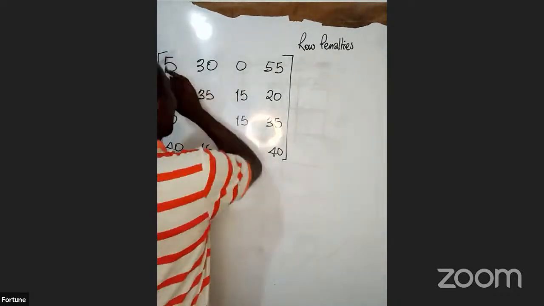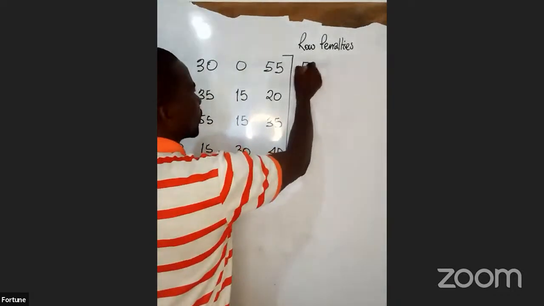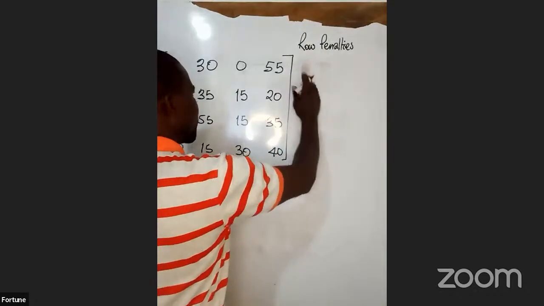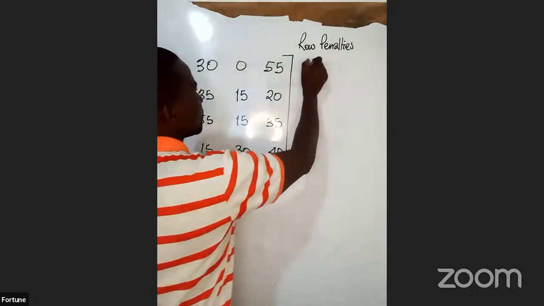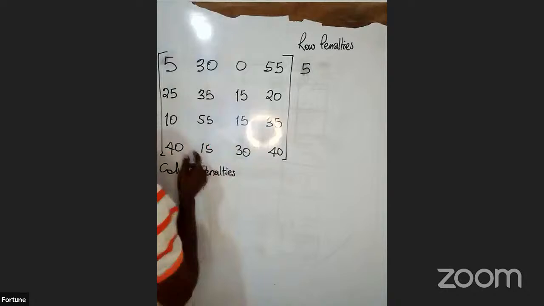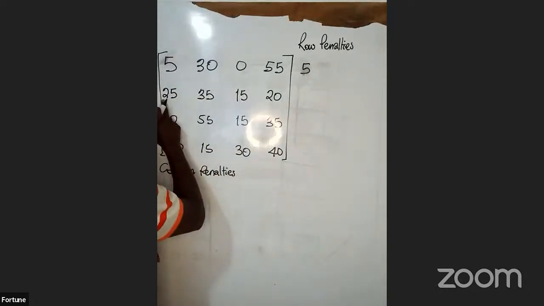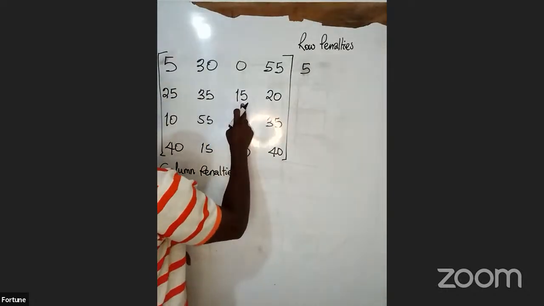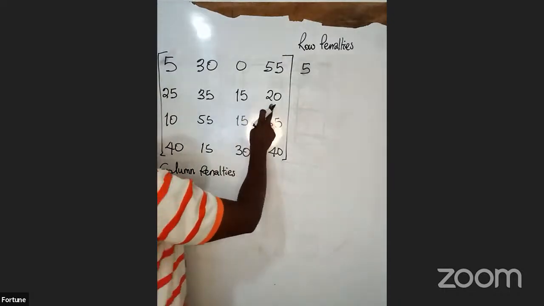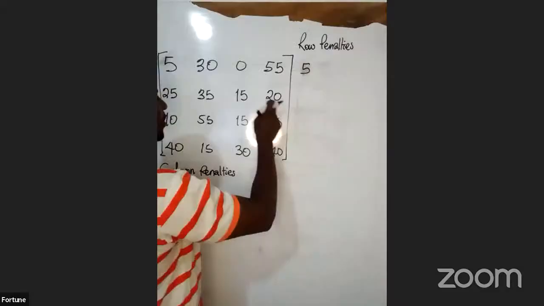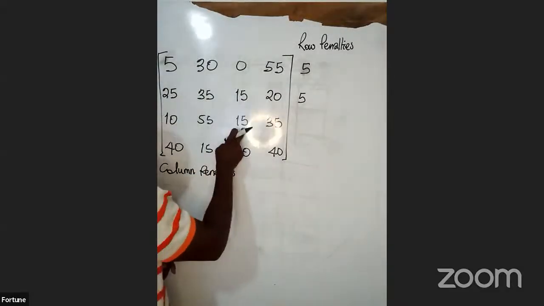So that is 5 minus 0, 5. Least is 15, next least is 20, 20 minus 15, 5. Least is 10, next least is 15, difference is 5.